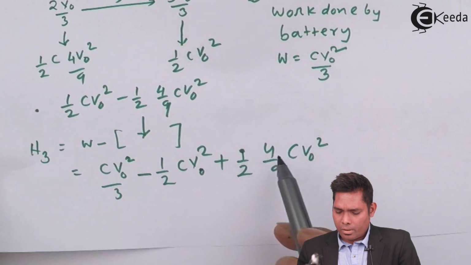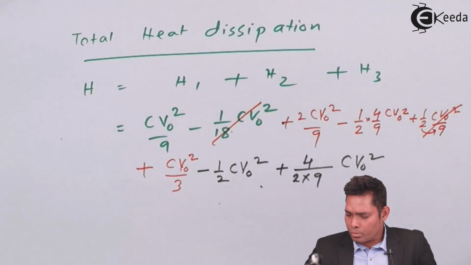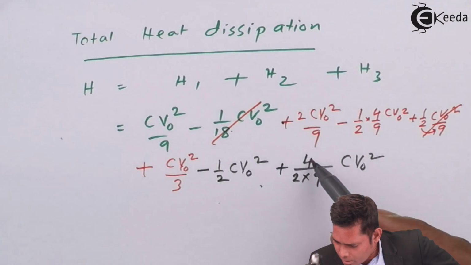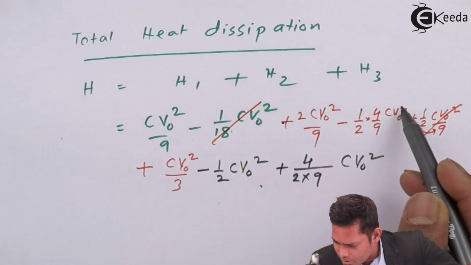I just copied this from here, and we have to solve it. This will cancel. This is plus 4 by this, and this is exactly the same, but this is negative, this is positive. This will also cancel out.